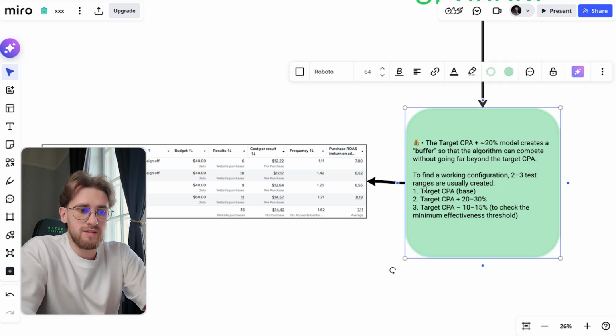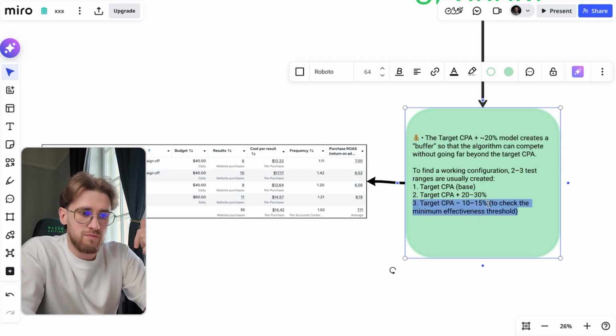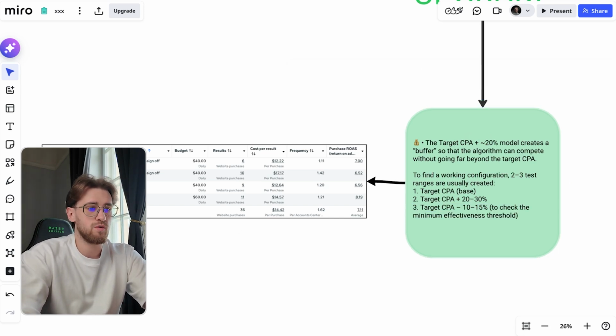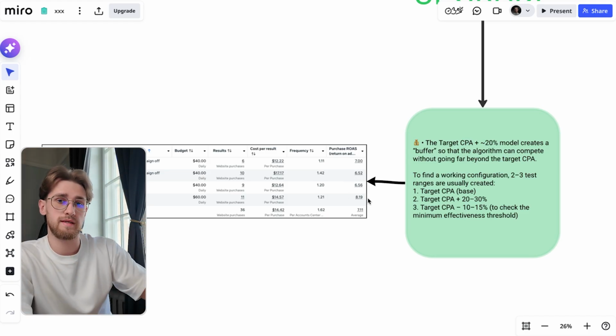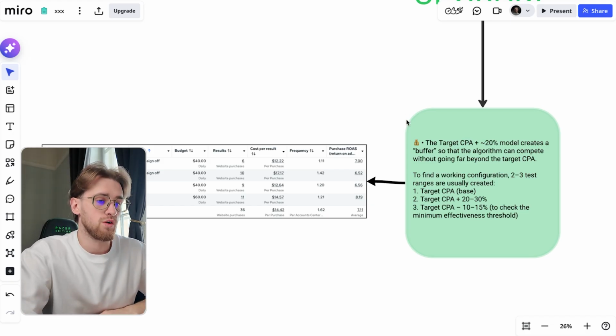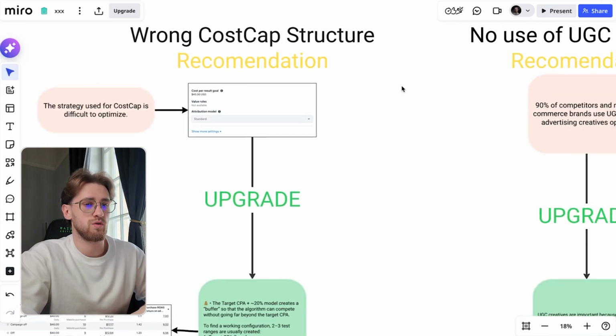For example, your target CPA. Target CPA plus 20-30%. Target CPA minus 10, minus 15%. And after that, you can scale even more and get fine ROAS. What is your break-even? What is your KPI? Because here you work with your KPIs. But really, just 98% don't work with this.